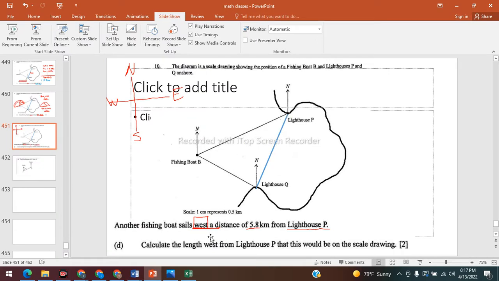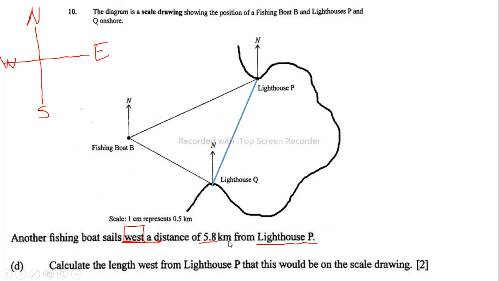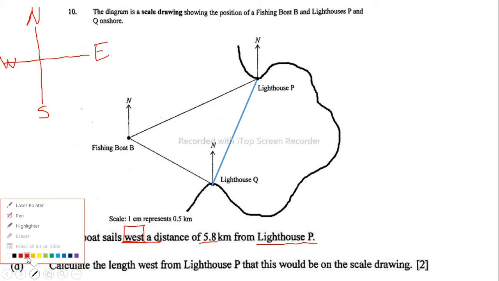But we have to be careful. They're saying that it goes 5.8 kilometers, not centimeters. So remember, one centimeter equals 0.5 kilometers.